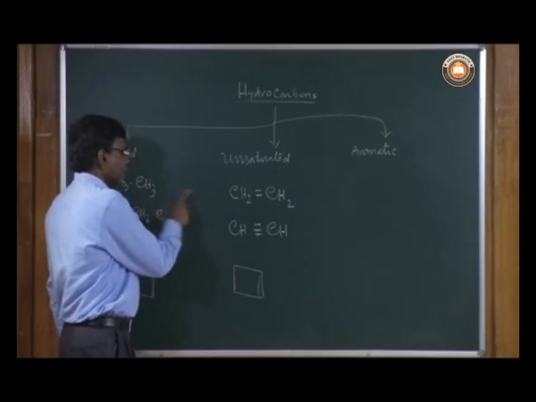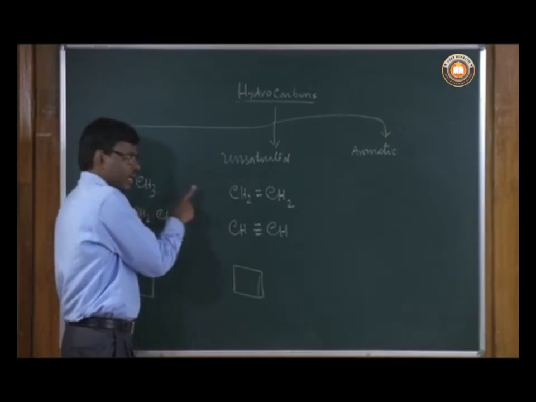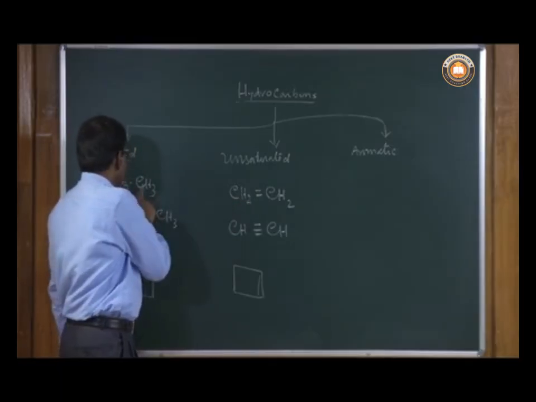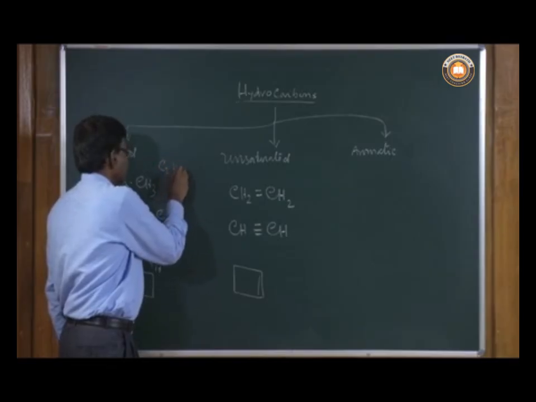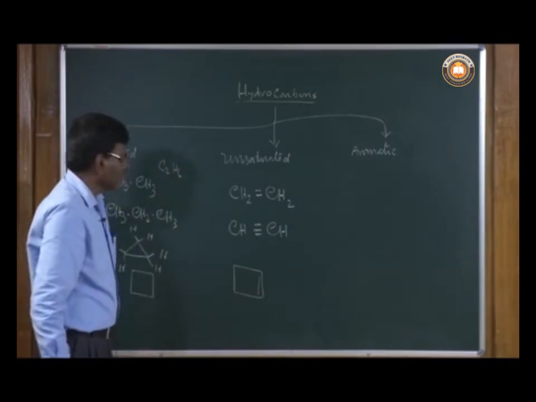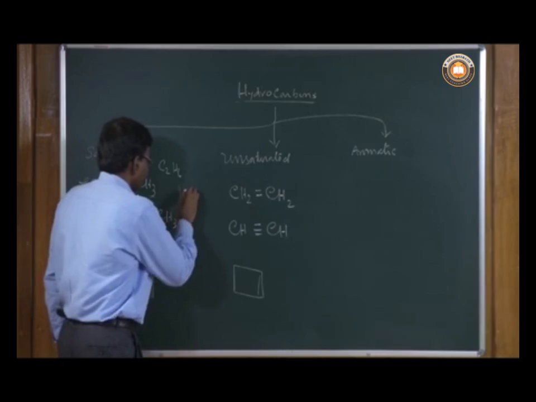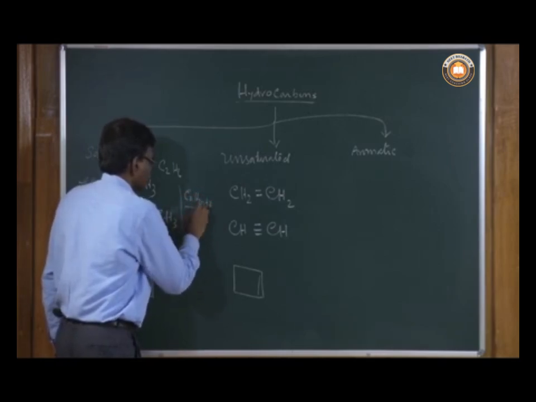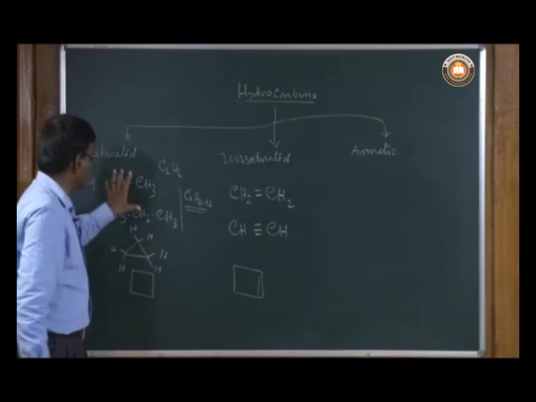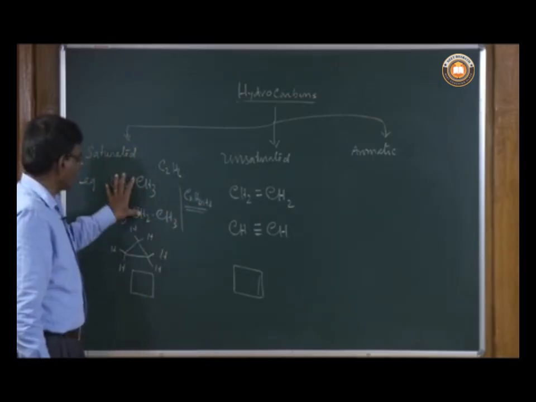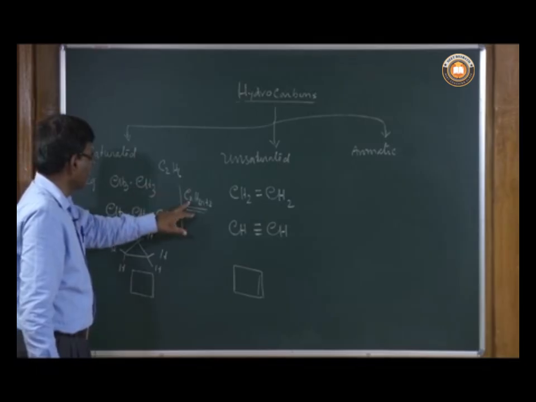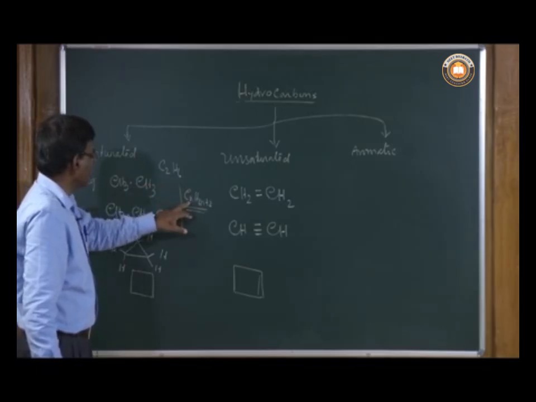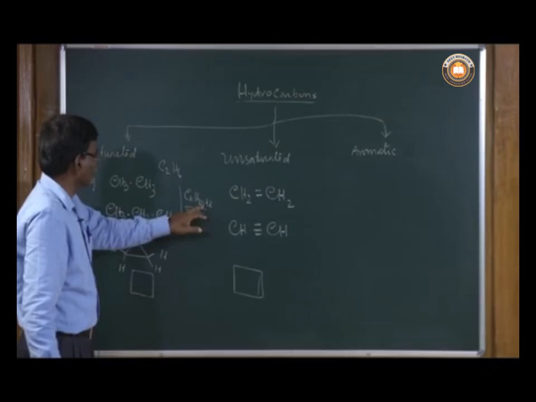The difference between these 2 hydrocarbons is that it has 2 hydrogens less. This is C2H6. The general formula for the linear saturated hydrocarbons is CnH2n+2: with 2 carbons, the hydrogen is going to be 6.